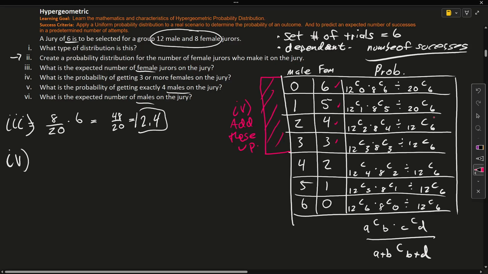If you let me know that you want the sum of these probabilities to be the answer to part 4, then I'll obviously be okay with that, right? So that's number 4. I guess you add up the top 4 rows.